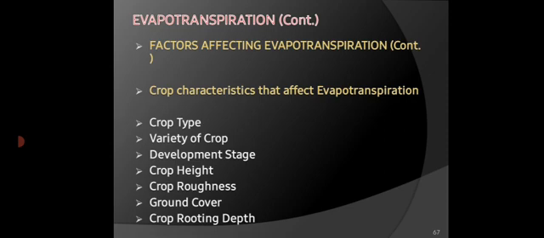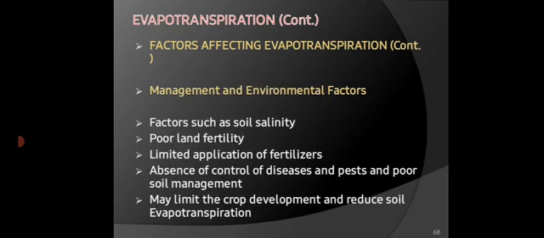Crop characteristics like type of crop, variety of crop, development stage, crop height, crop roughness, ground cover, and crop rooting depth all affect the evapotranspiration rate. Management and environmental factors such as soil salinity, poor land fertility, limited application of fertilizers, absence of control of disease and pests, and poor soil management may limit crop development and reduce evapotranspiration.